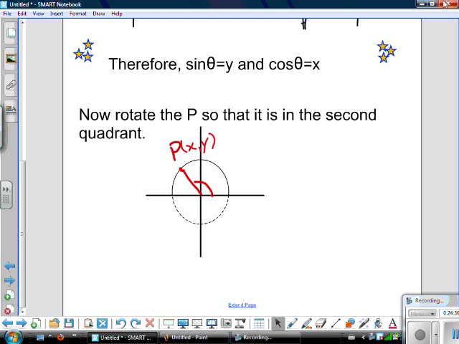So, one more thing that we will write down on here to keep us going is, again, related to our angle.